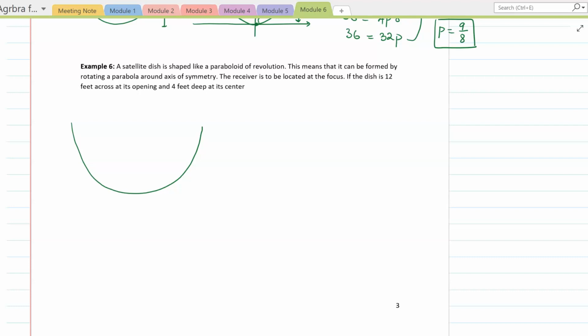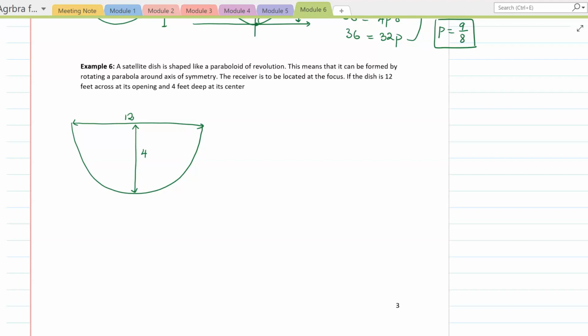If the dish is 12 feet across at its opening and 4 feet deep at its center, and here's 4 feet deep, we want to find the location of the focus.